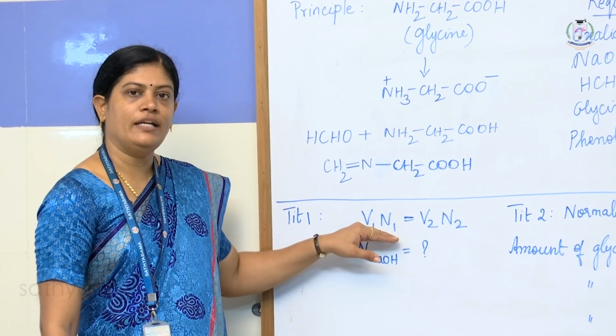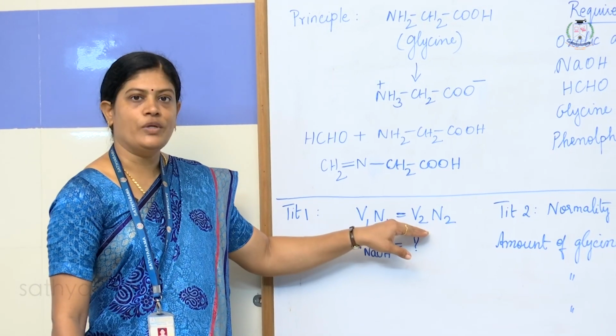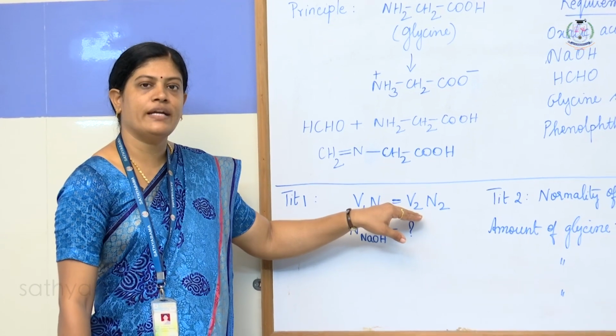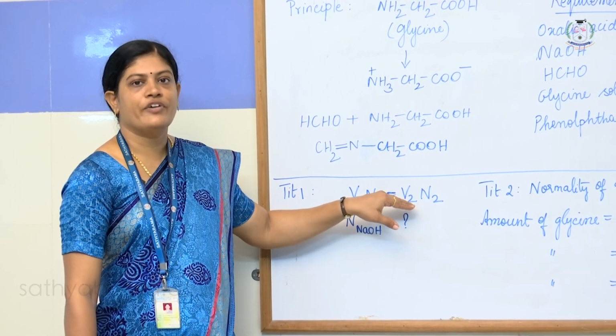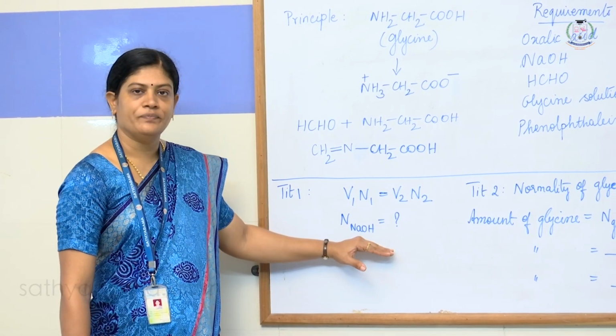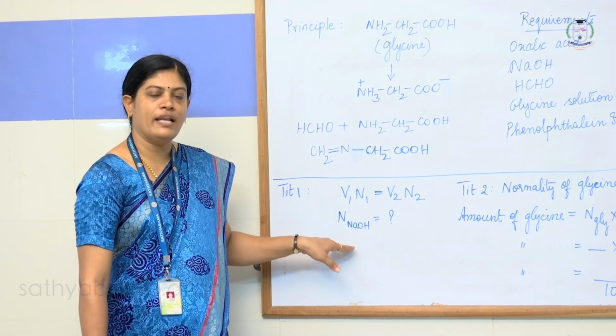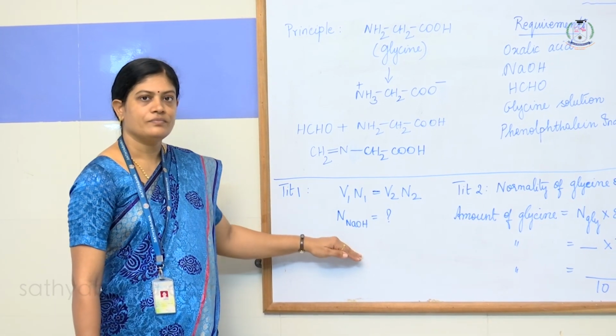N1 is the normality of oxalic acid, which is already known to us. V2 is the volume of sodium hydroxide that is required for the first titration, and N2 we are going to calculate. So, from the first titration, sodium hydroxide normality is determined.